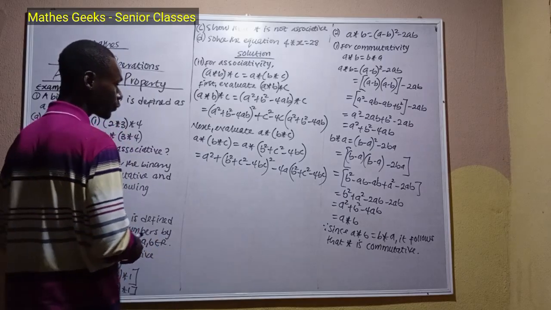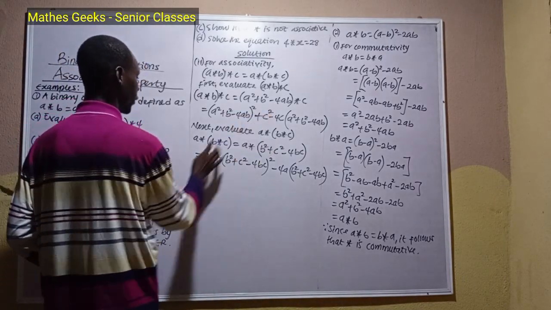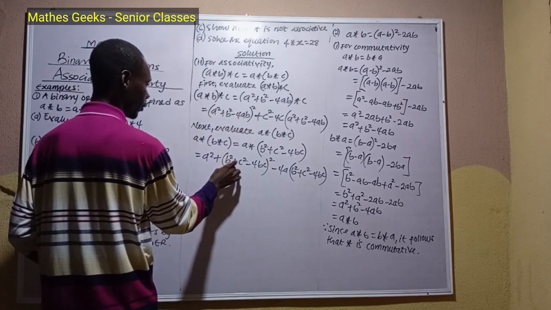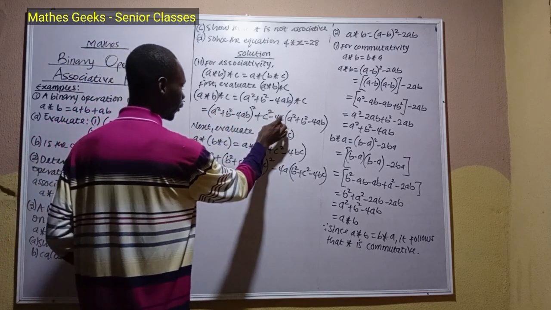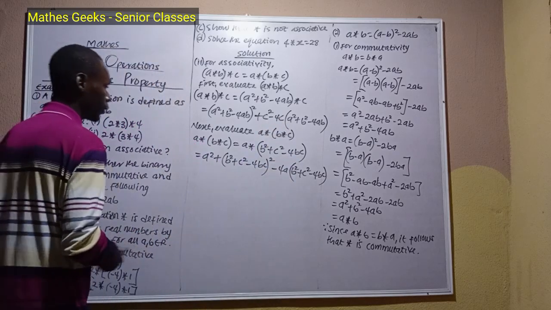So from here, if you compare, you discover that here we have C squared, here we have A squared, here we have A squared plus B squared minus 4AB, here B squared plus C squared minus 4BC. Here we have 4C, here is 4A. So you see that the terms are not the same.